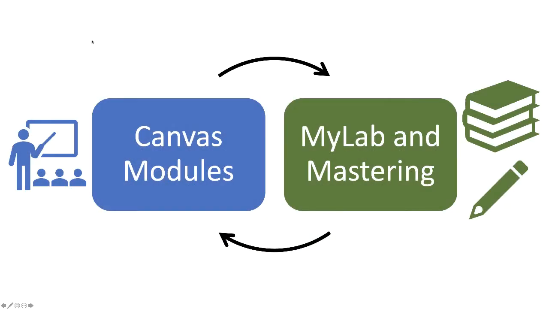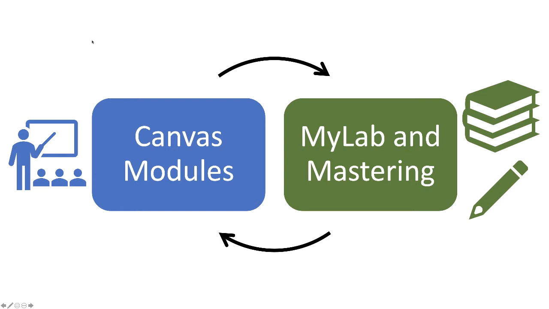It's important for you to understand that the Canvas modules are designed to enhance the MyLab and Mastering, and the MyLab and Mastering is used to enhance the Canvas modules. The two are interconnected. If you think of a traditional class, you would typically be required to read the textbook before going to lecture. During lecture, the instructor would emphasize key points, clarify key components, and answer any questions.